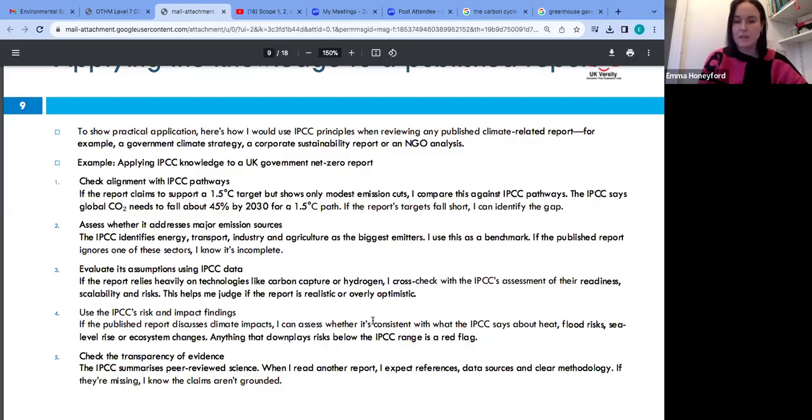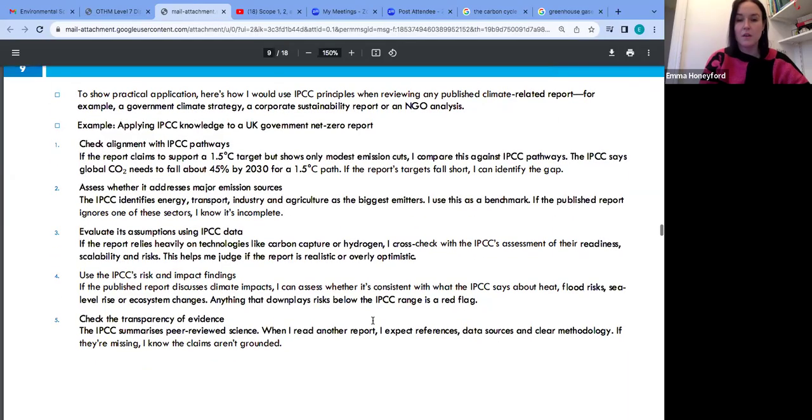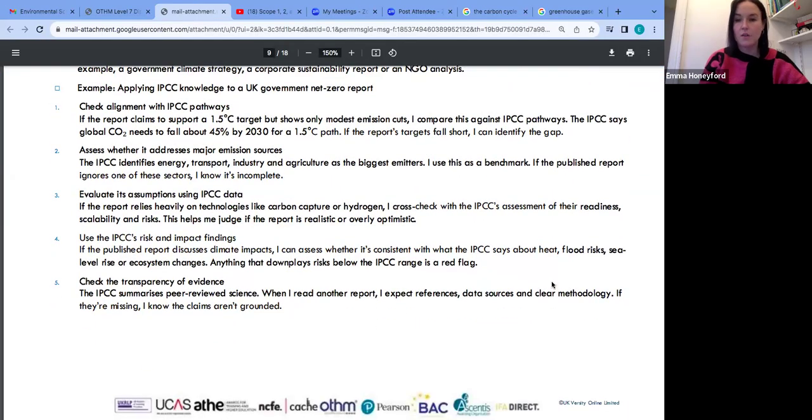The IPCC is a really reliable body to compare any strategy from any organisation that is looking to reduce its impact when it comes to carbon emissions.